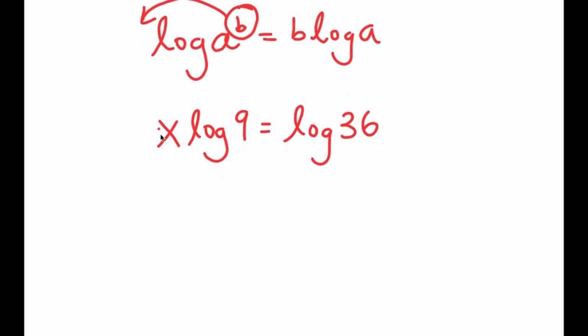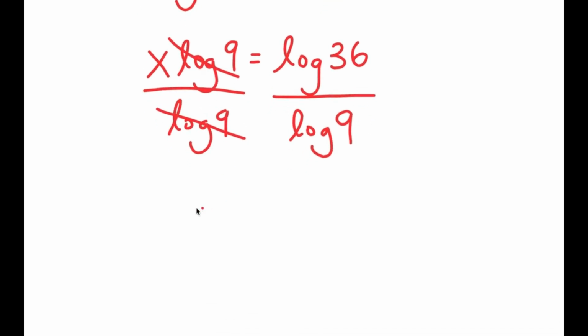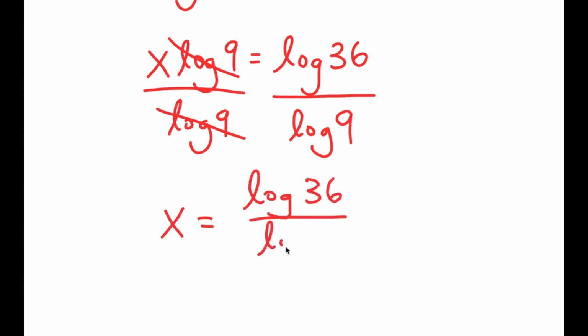And now, obviously, we want to isolate x, so I'm going to divide both sides by log 9. So these two cancel out, and I get x is equal to log 36 over log 9.